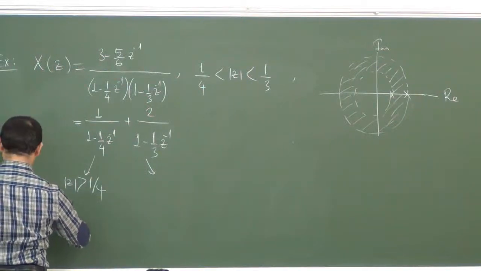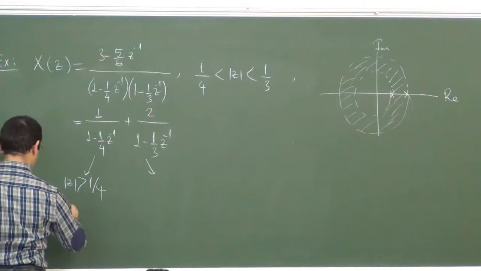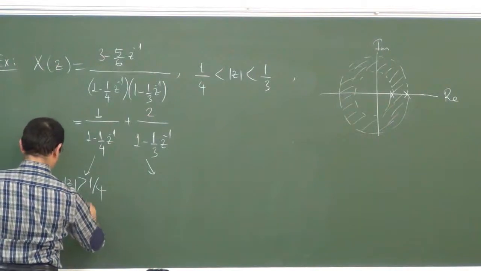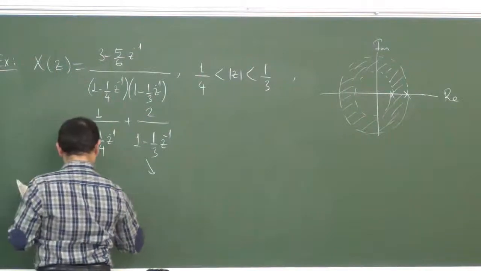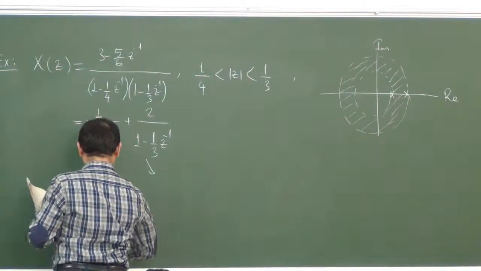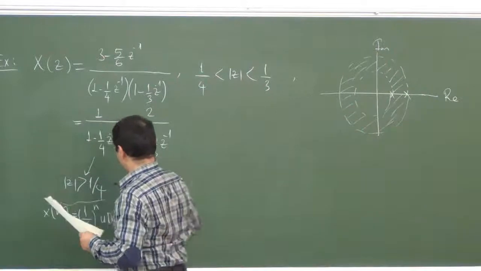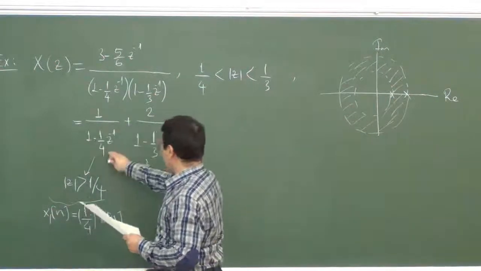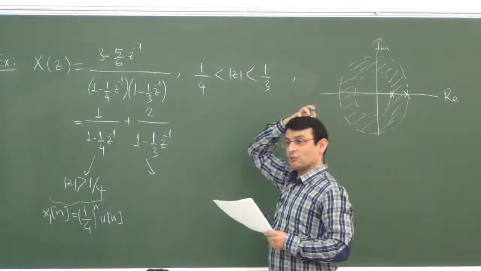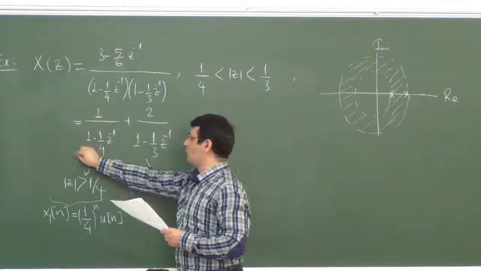It is equal to (1/4) to the n, u[n]. Yeah. This is right-sided, so you can call this x1[n], the inverse transform of only this part.